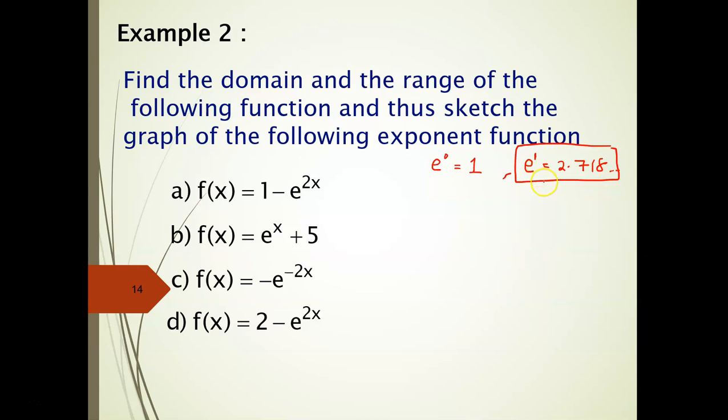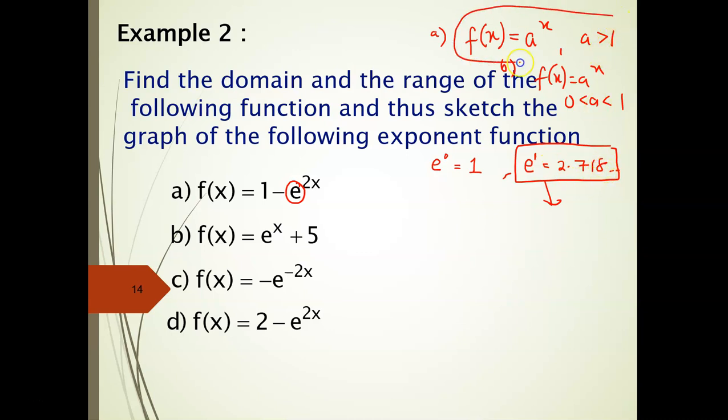If you remember just now, our function for the first case f(x) equals to a^x where a greater than 1, or the second case is f(x) equals to a^x for a between 0 and 1. So since here our a is 2.718, we will consider the first case, because e1 is equals to 2.718, which is greater than 1, right?